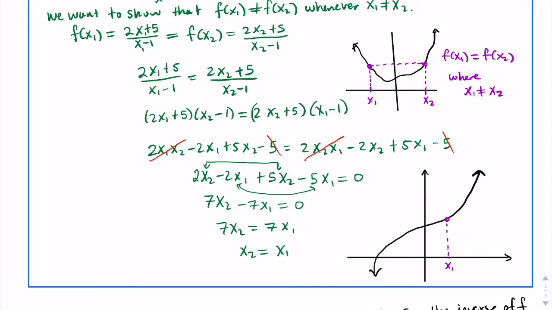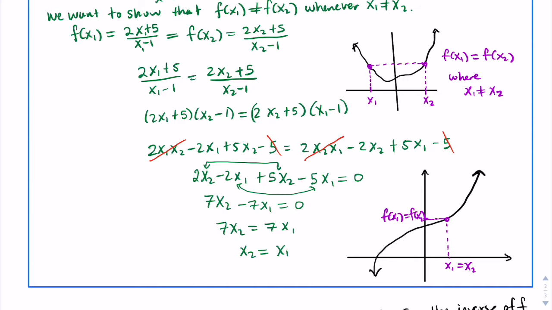If I say, hey, there is an x2 and f of x1 will equal f of x2, the only way that they can be equal is if they are here. That's the only way. So if f of x1 equals f of x2, it is because x1 equals x2, right? In the other one, if f of x1 is equal to f of x2, it doesn't mean that x1 is equal to x2. They can be two different values.